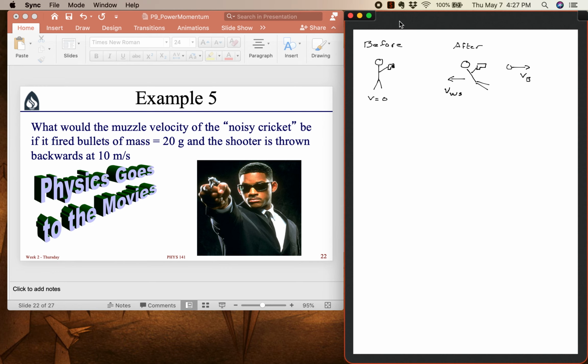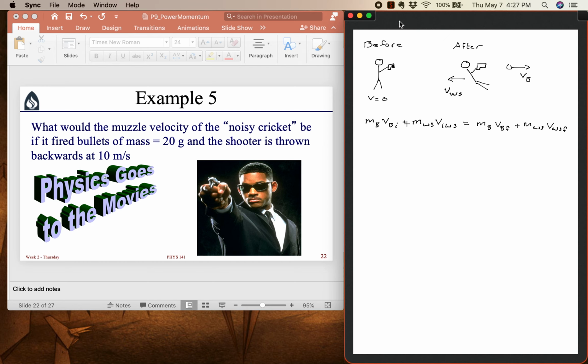Since our system is basically the bullet and Will Smith, we can say that the mass of the bullet times the initial velocity of the bullet, so that's the initial momentum of the bullet, plus the mass of Will Smith times the initial velocity of Will Smith, so his initial momentum, is equal to the mass of the bullet times the final velocity of the bullet plus the mass of Will Smith times the final velocity of Will Smith.